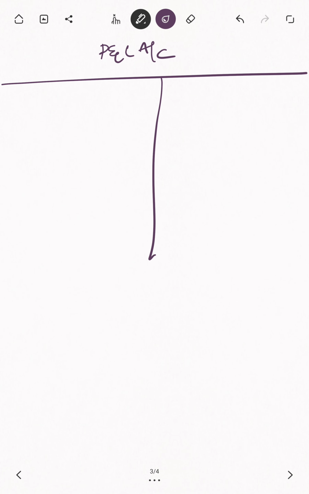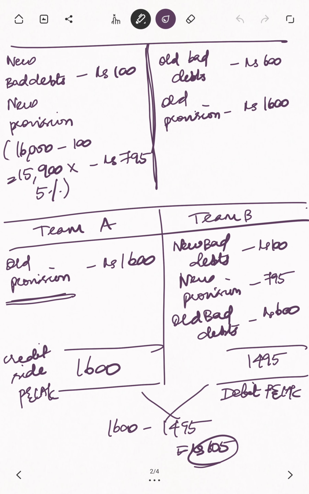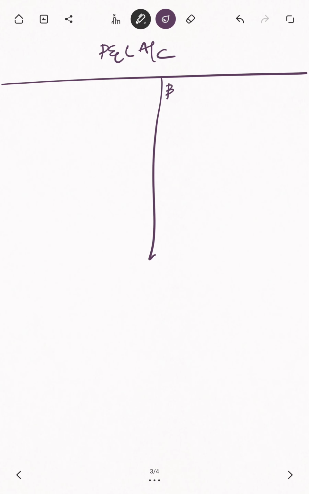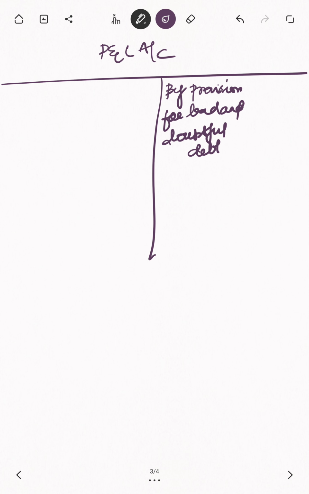Now I'm going to open up the P&L account. So in this sum, we have the highest value in team A, which is the old provision. So I'm going to put the difference in the credit side of the P&L account. So this is the credit side: by provision for bad and doubtful debts, old. I'm going to put the amount in the inner column and deduct everything from it.